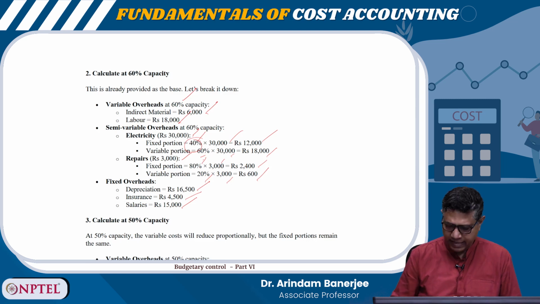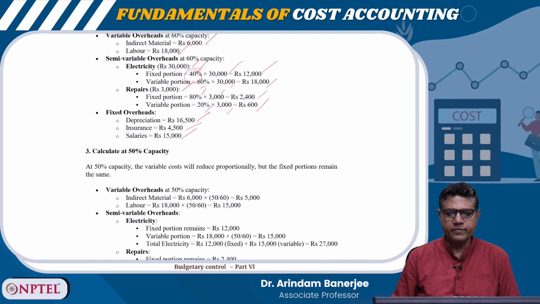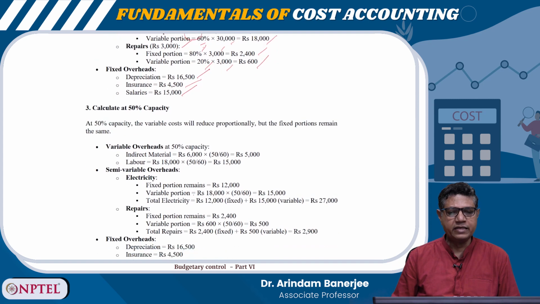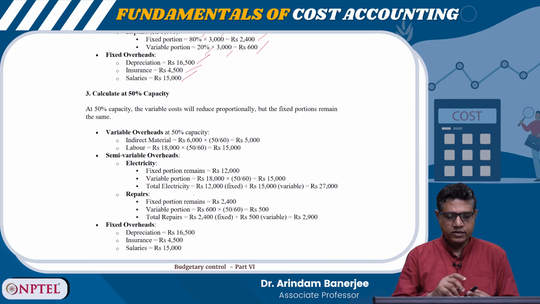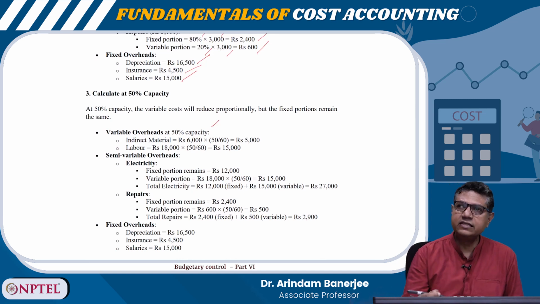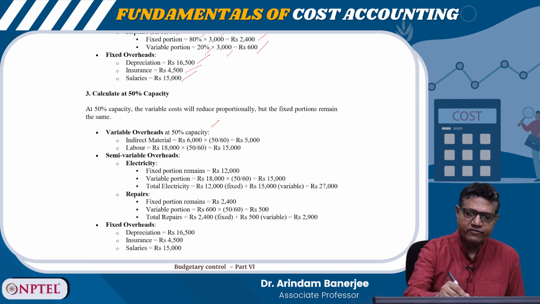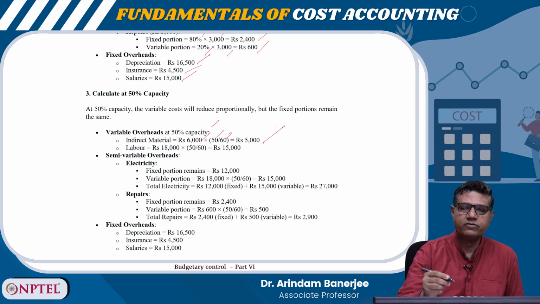So at 50% capacity, the variable costs will reduce proportionately, but the fixed portions remain the same. For the variable overhead at 50% capacity: at 60% the indirect material is 6,000, so it will be 6,000 divided by 60 into 50, which comes to 5,000.